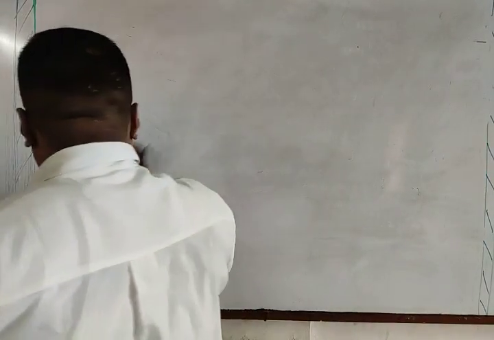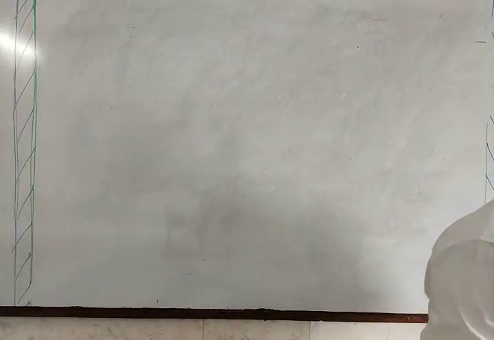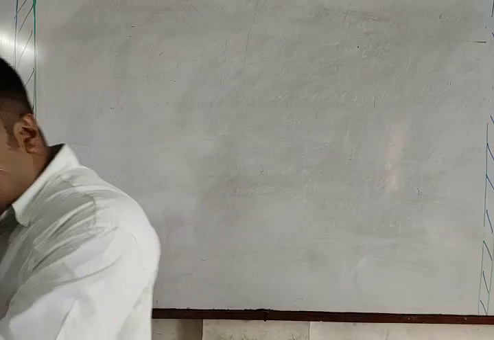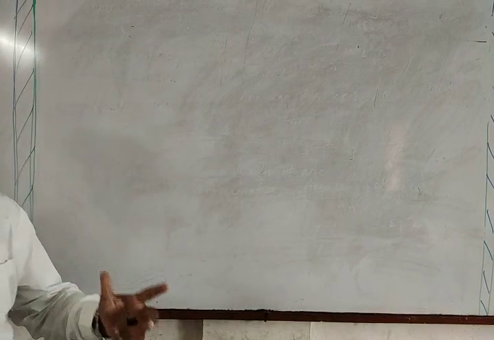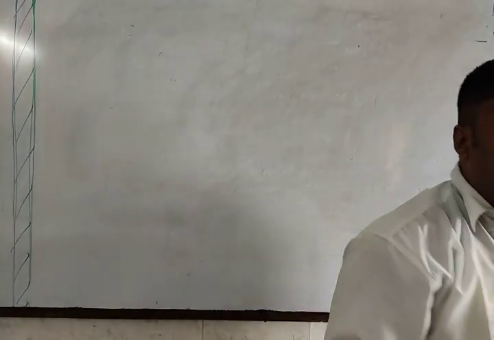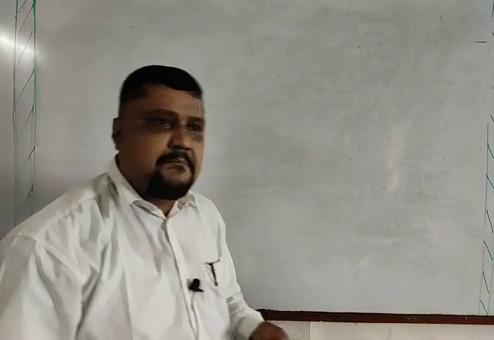Simply, inertia is the property of a body by virtue of which it does not change its position, or you can say it does not change its state. State means: if I am in motion, I will be in motion, and if I am at rest, I will be at rest. That is my inertia, and this inertia depends on mass.